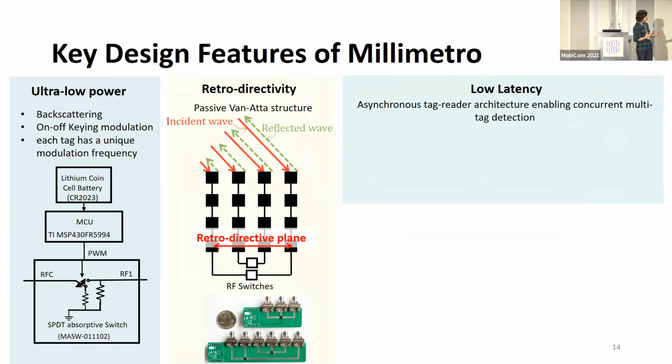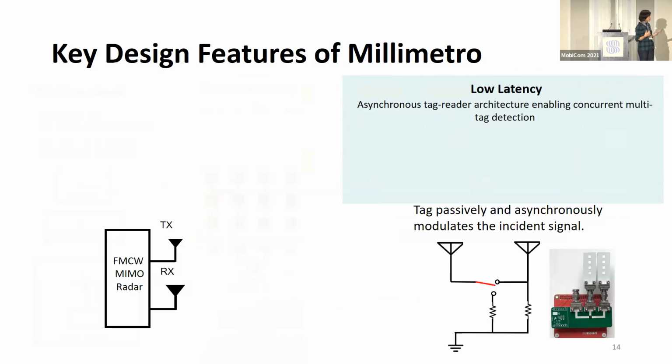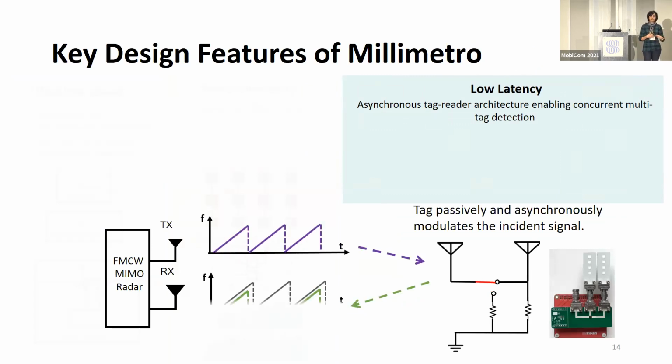We design a tag-reader communication that is completely asynchronous, meaning that we have a tag that is constantly switching on and off. It's not particularly listening to one reader. A car passes by, it sends the signal, gets a reflection, and independently tries to detect the tag. So as opposed to traditional RFID systems, here we don't have any coordination or handshaking between the tag and the reader.